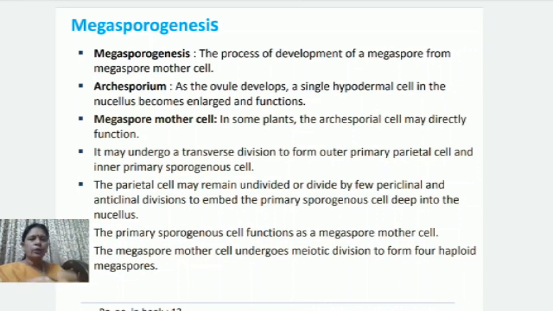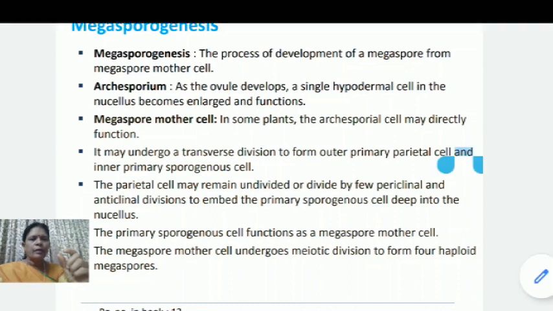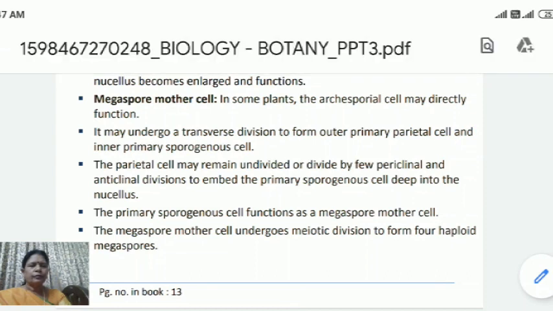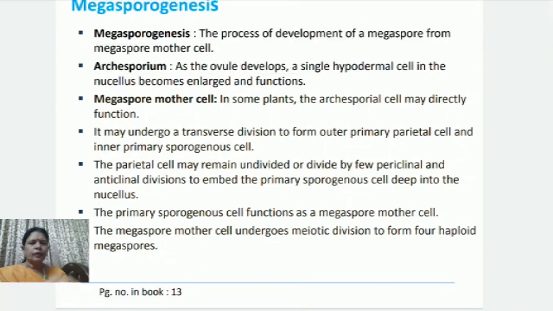What is archisporium? Already you have seen the same archisporium in microsporogenesis also. What does archisporium mean? As the ovule develops, a single hypodermal cell in the nucellus becomes enlarged and functions as the megaspore mother cell. In some plants, the archisporium cell may directly function. It may undergo transverse division to produce an outer primary parietal cell and an inner primary sporogenous cell.